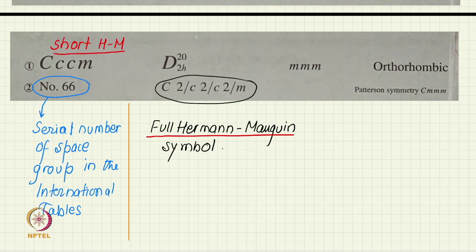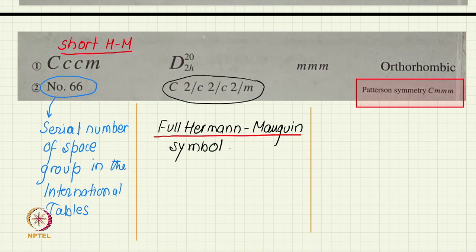The final symbol, Patterson symmetry, we will not get into a lot of details of this, but we will just tell you how to get the Patterson symmetry. For Patterson symmetry, all you have to do, suppose C, C, C, M, is to keep the first centering letter. So, that is C, and remember that the CCM was converted to the point group MMM.